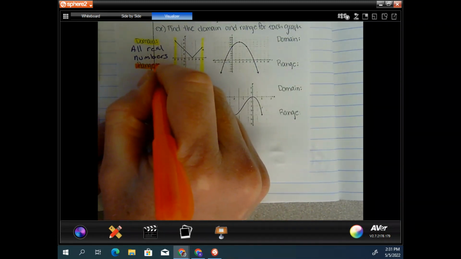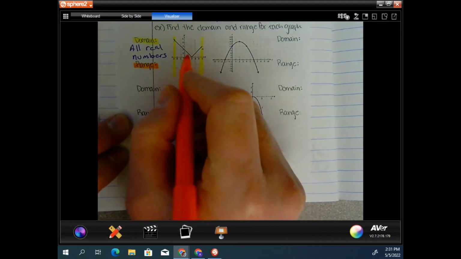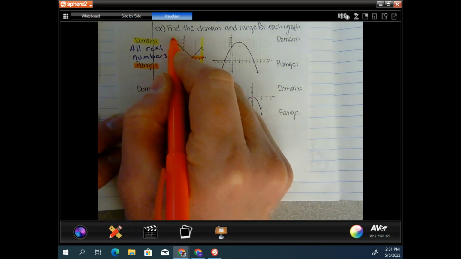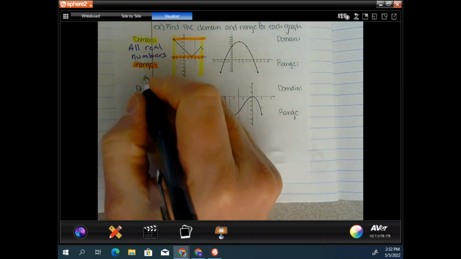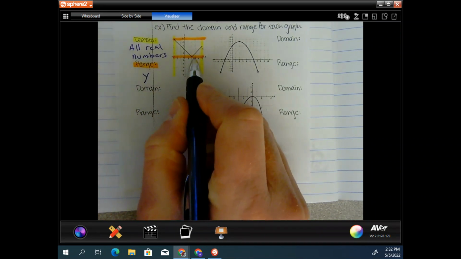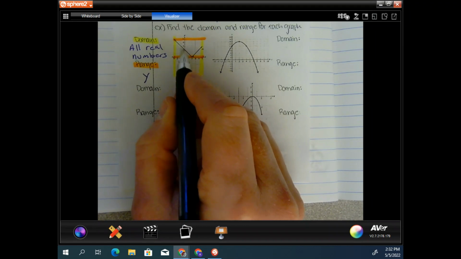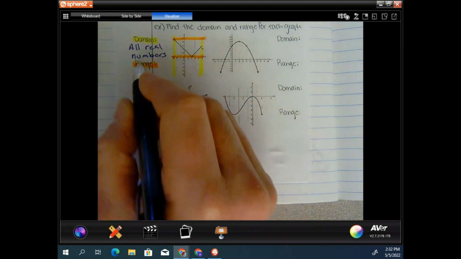My range is going to be in orange. Remember that that's the bottom and the top, so my floor and my ceiling. Remember my variable I'm going to use is y. My floor, and this is when it intersects the y-axis, is 0.